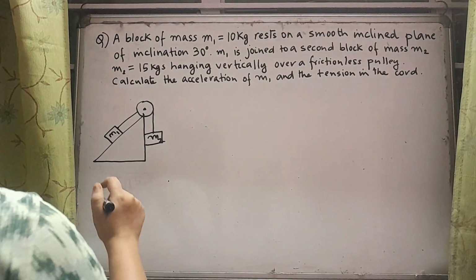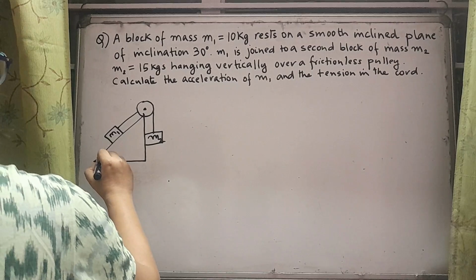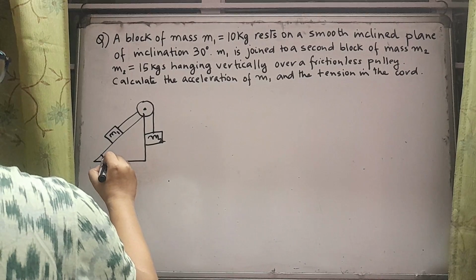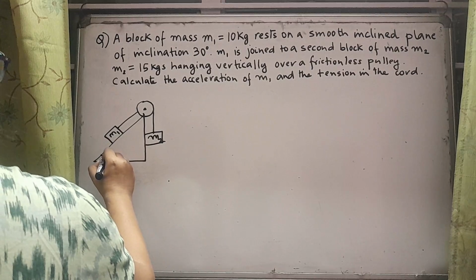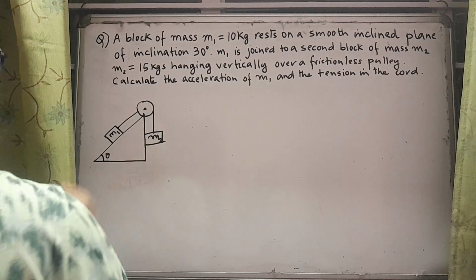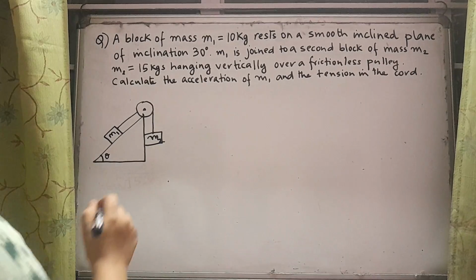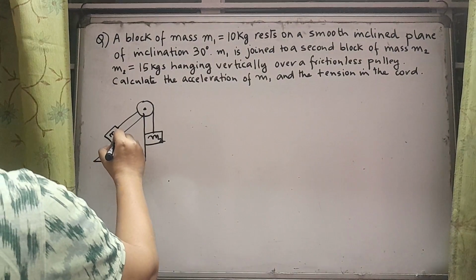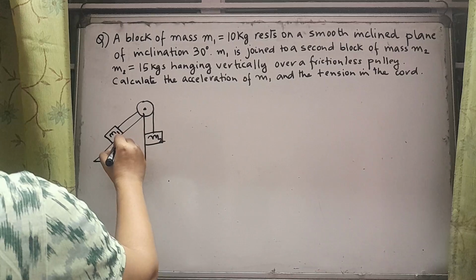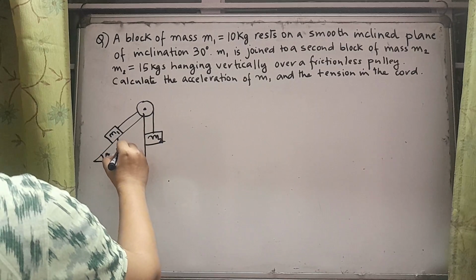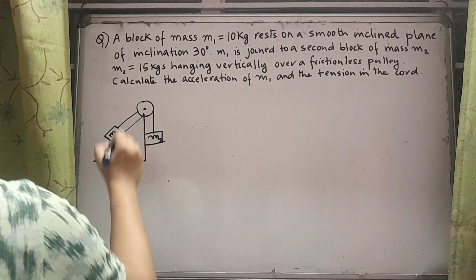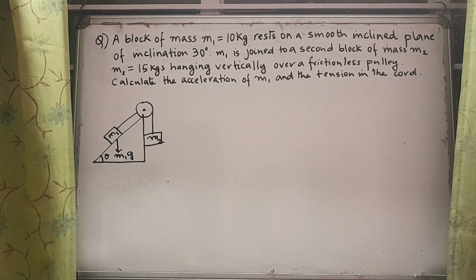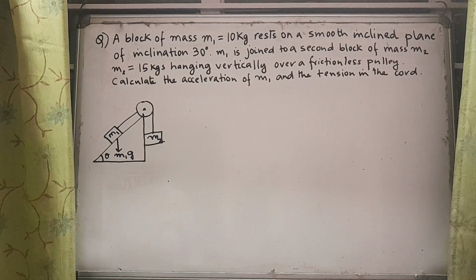So this angle is 30 degrees, and for the time being, let me say this is theta. Now I know that this mass has an m1g component acting downwards, which is the weight of the object m1.